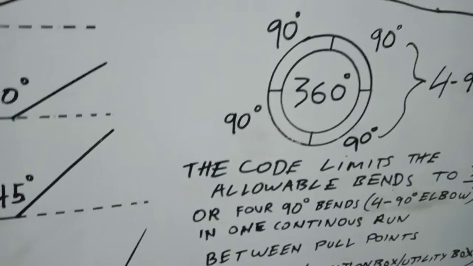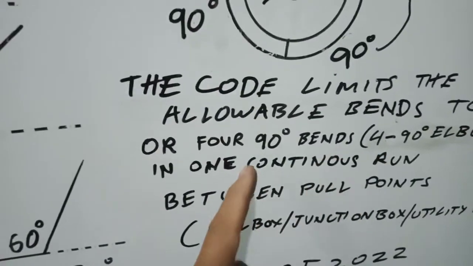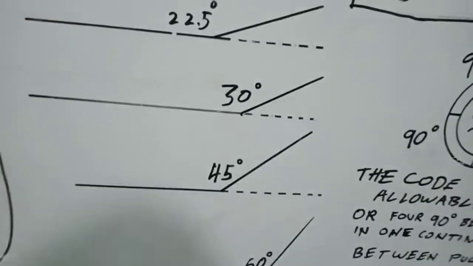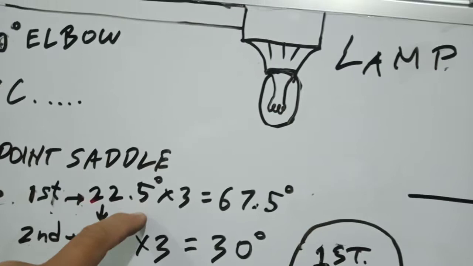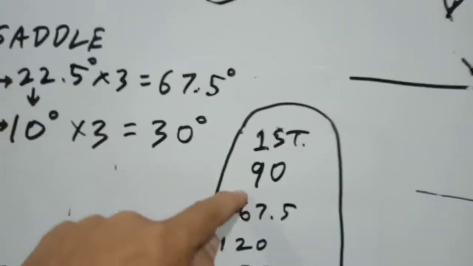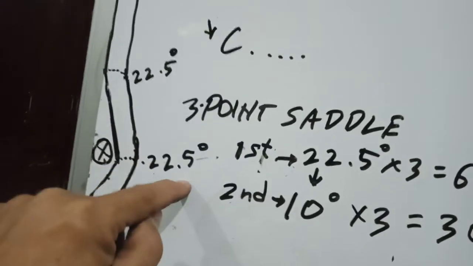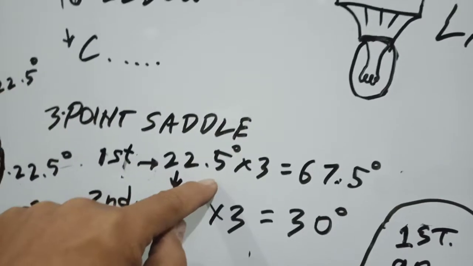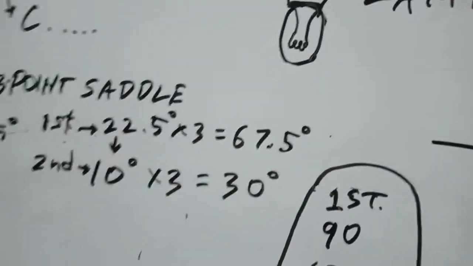But if the code limit on allowable bends is only 360 degrees, or four 90-degree bends between pull points, okay? Now, if we add on our first option 22.5 degrees plus 90, how many bends? 22.5 degrees: 1, 2, 3. 22.5 degrees times 3 bends equals 67.5.